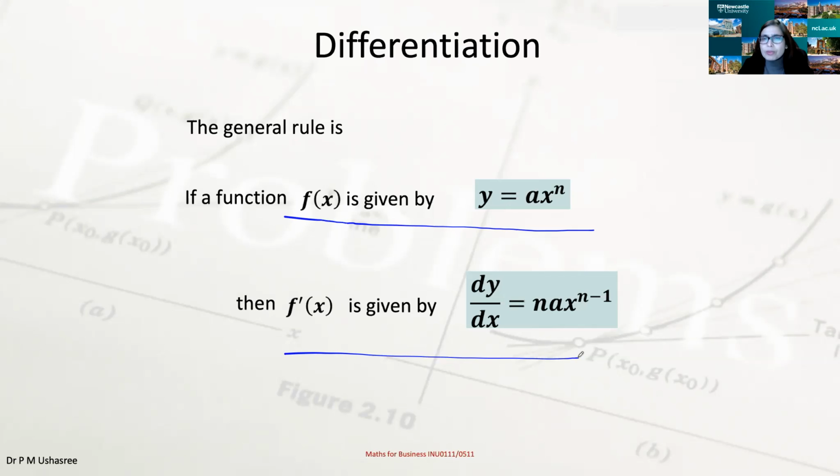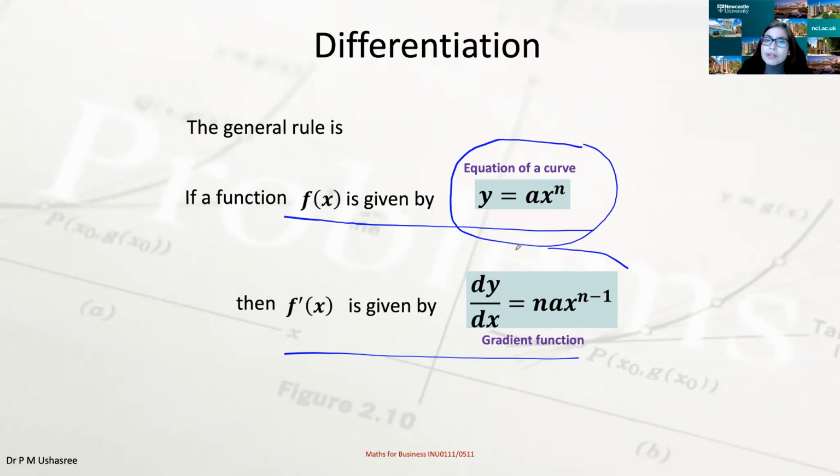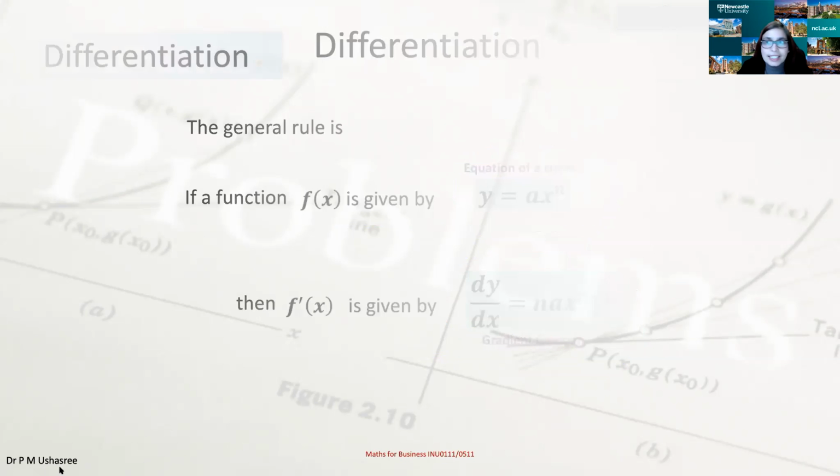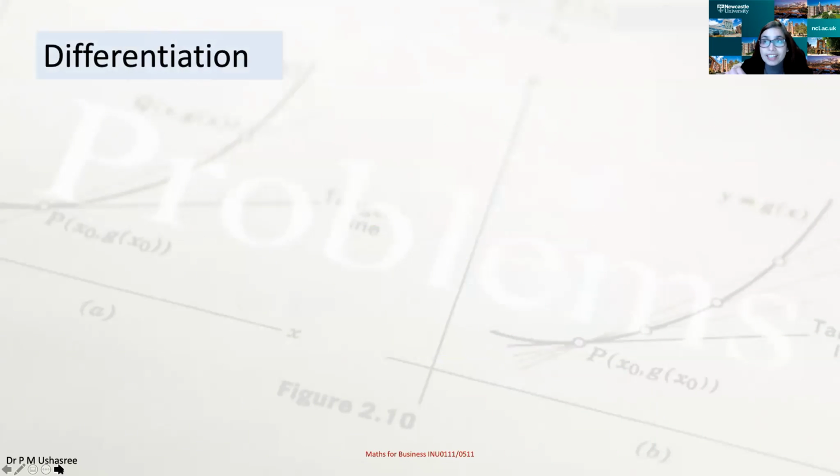I know most of you like formulas. So there you go, guys. There is your formula for differentiation. So that is your equation of a curve, and this is your gradient function, or the gradient or the slope at any point for the curve, because for a curve, the gradient changes at every point.